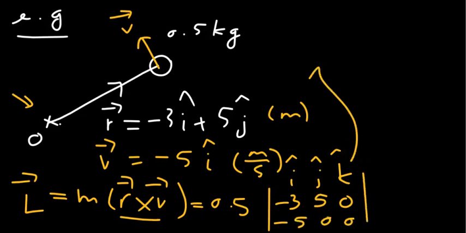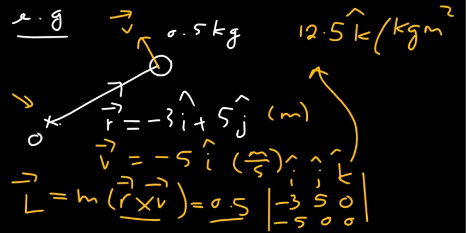And when you compute this cross product, and don't forget to multiply by 0.5, you get the angular momentum to be 12.5 k hat. The unit is of course kg meters squared per second. So this is how we compute angular momentum of a point particle with respect to a given origin.